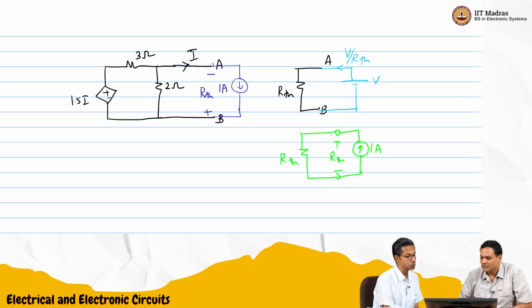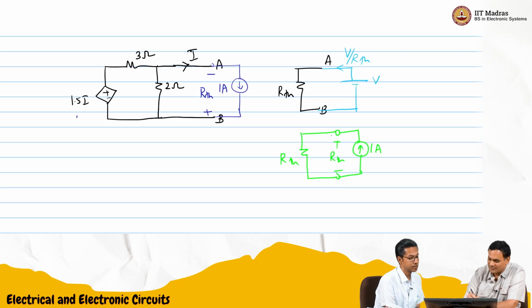Actually this makes it a lot easier. If I is 1 ampere, this is just 1.5, sorry, 1.5 volts. It's a current controlled voltage source, so this is 1.5 volts. Now we can do source transformation for this.